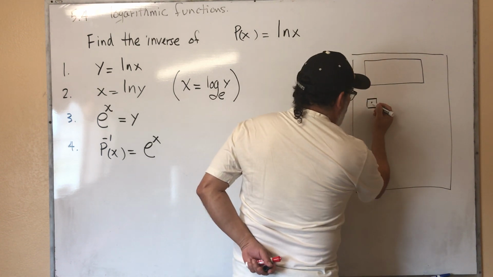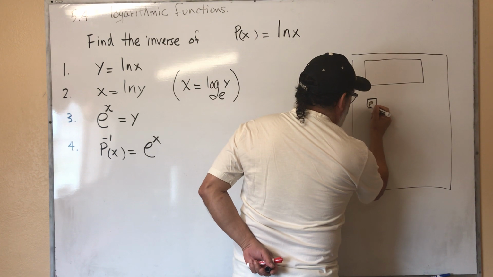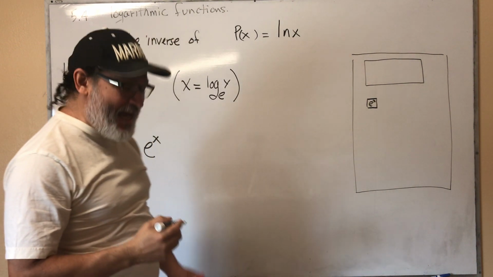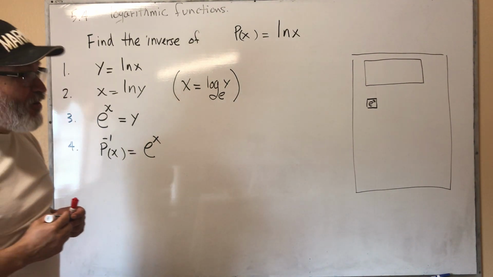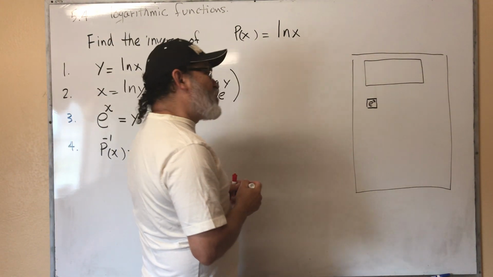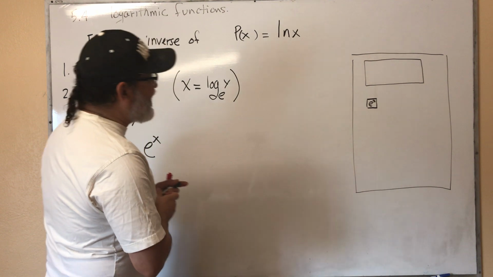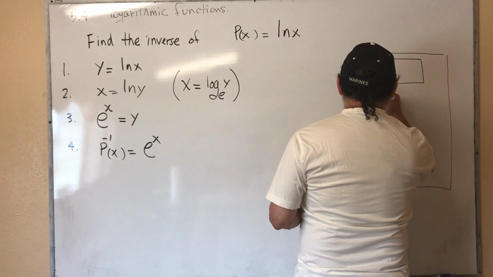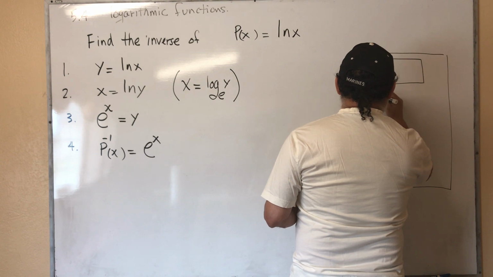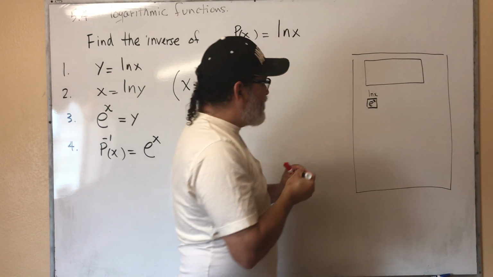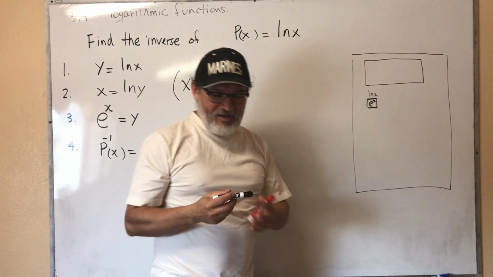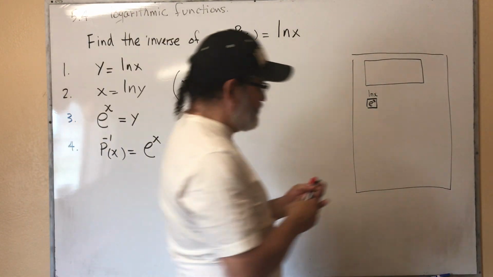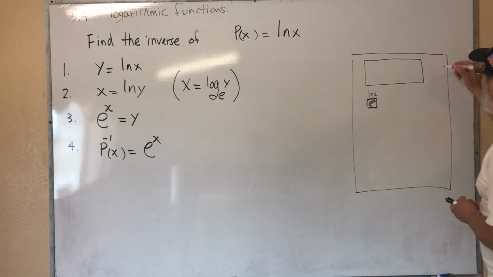If this is what you have, e to the x, right up above you're going to find ln x. But to get to ln x, you have to press second, there must be a second key.